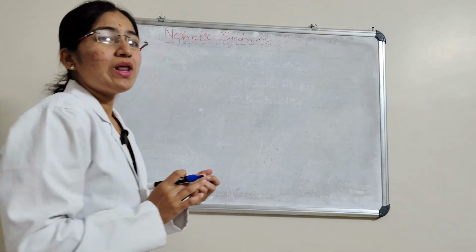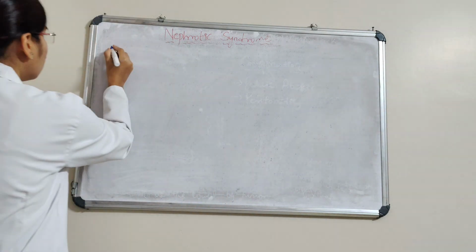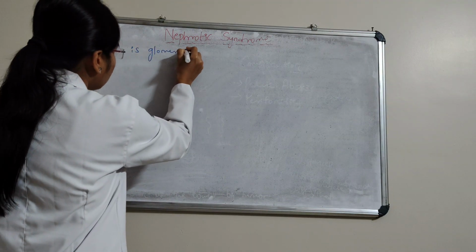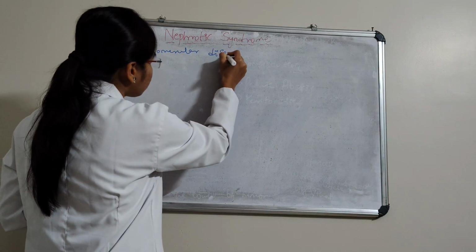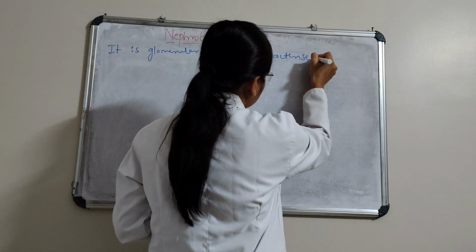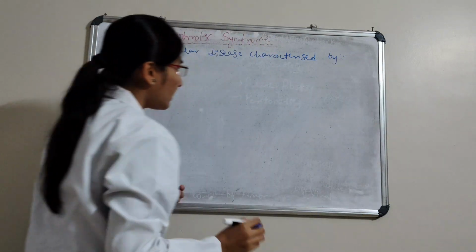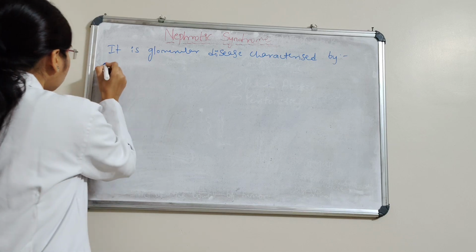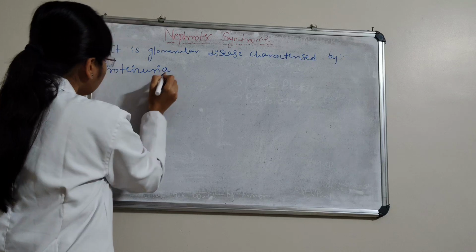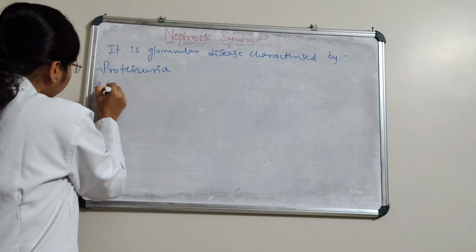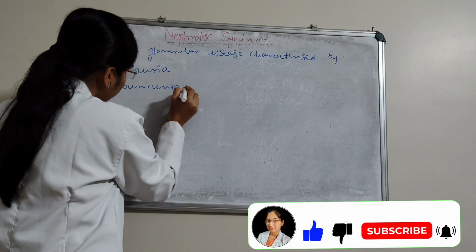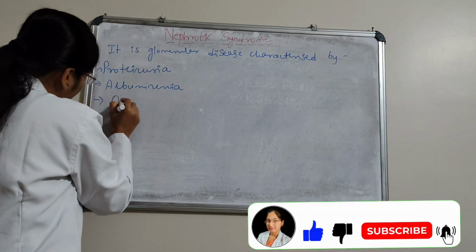it's a glomerular disease. It is a glomerular disease characterized by proteinuria, albuminemia, and then edema.